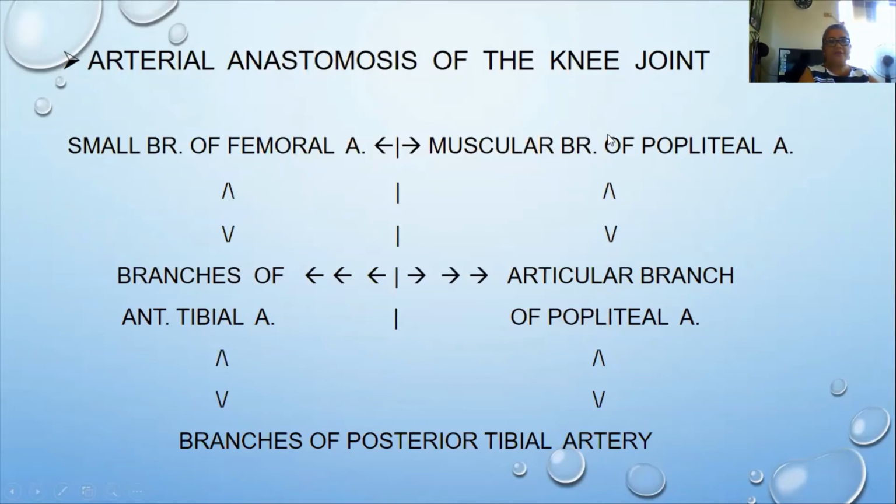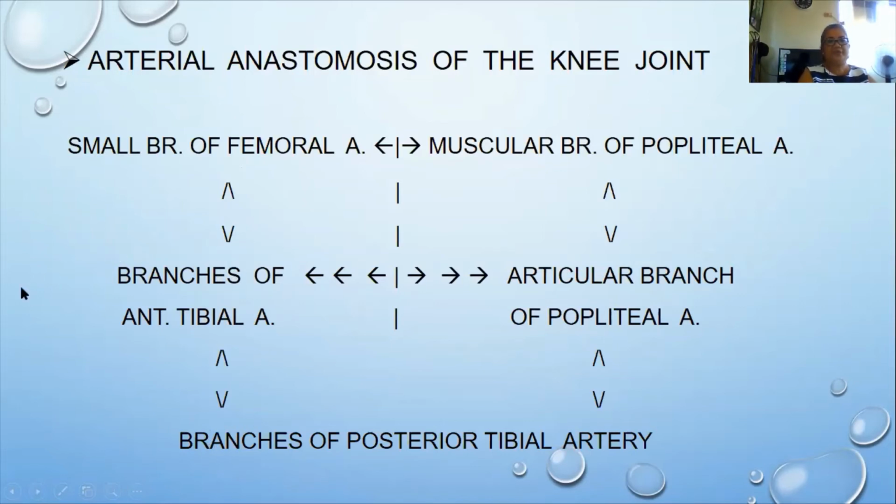So these are branches of the same blood vessel. They will be anastomosing with each other. Then your articular branch of the popliteal artery will anastomose with the branch of the anterior tibial artery in the same way that it will anastomose with the branch of the posterior tibial artery. Your branch of the anterior tibial artery will not only anastomose with a small branch of your femoral artery, but it will also anastomose with the posterior tibial artery.